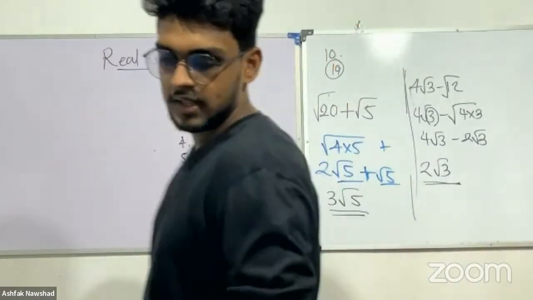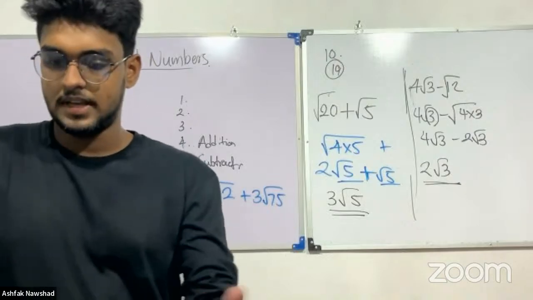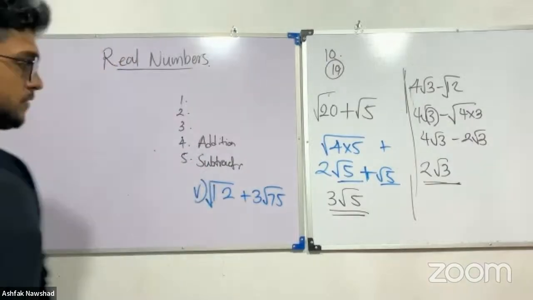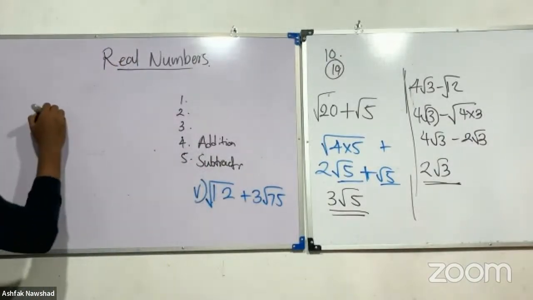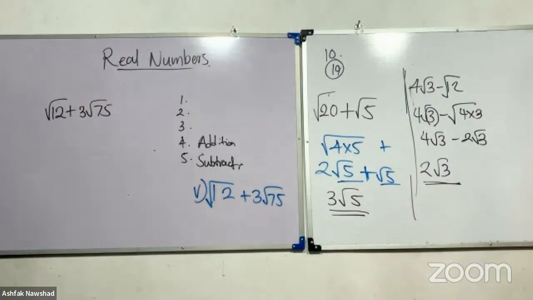Okay, for the rest of them, you can do them in your free time. I'll just explain the fifth one: root 12 plus 3 root 75. The same way.